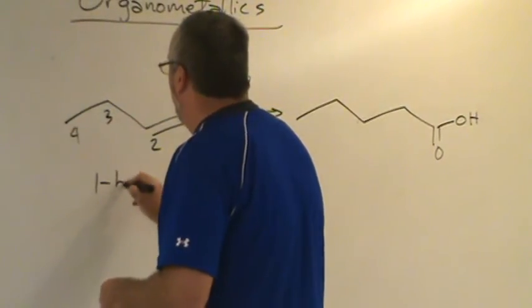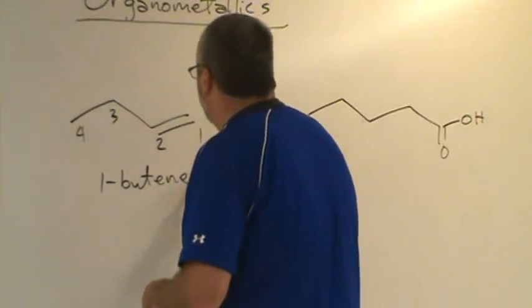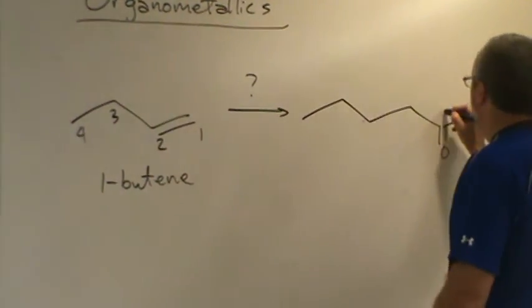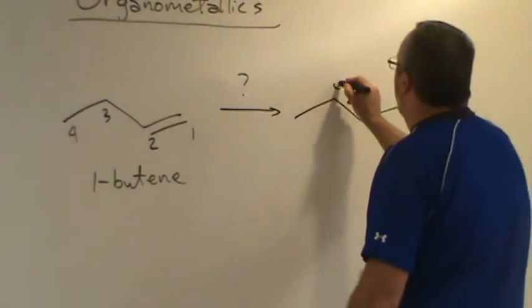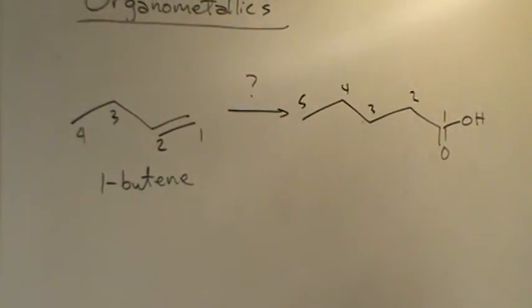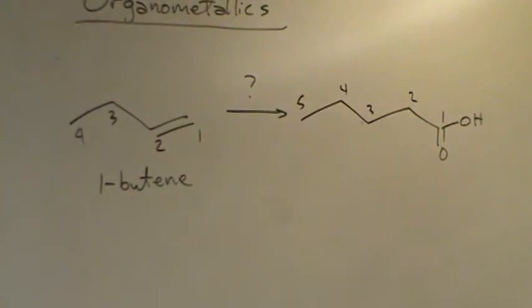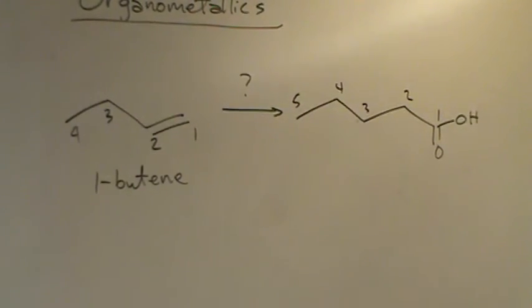This would be a 1-butene. And I want you to derive a 5-carbon carboxylic acid from it. So you should stop the video right now, you, not me, and work on this. And when you turn it back on again, I'll show you exactly how to do this.